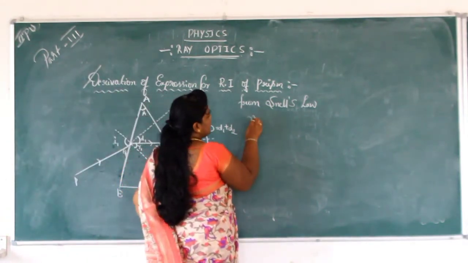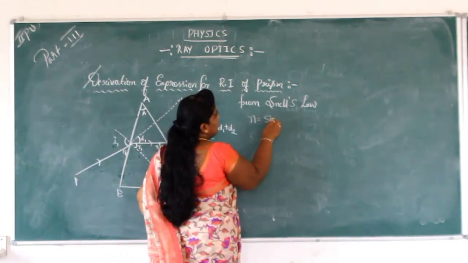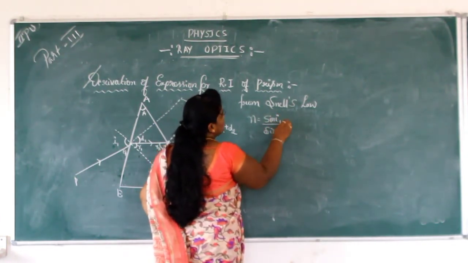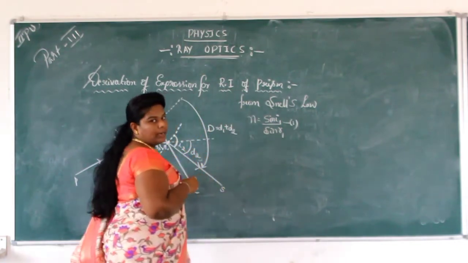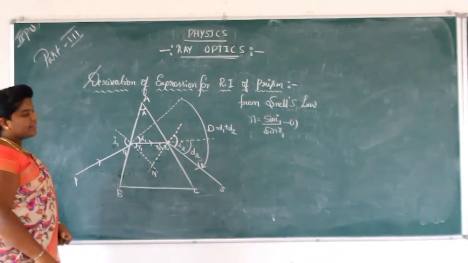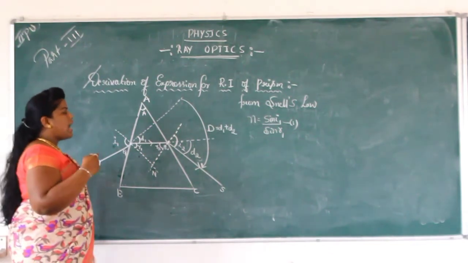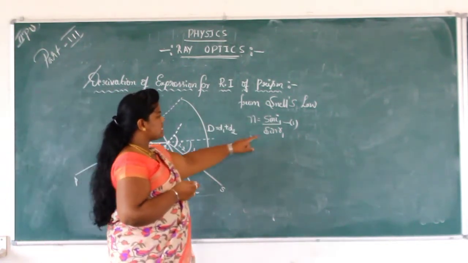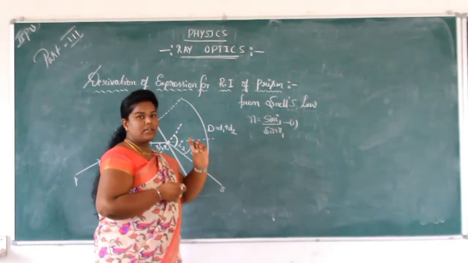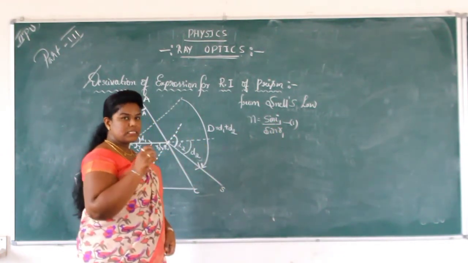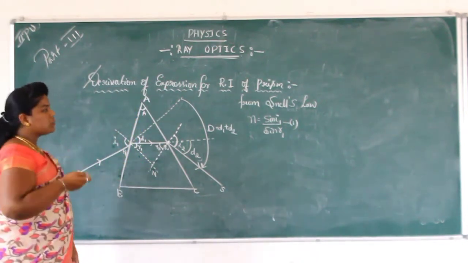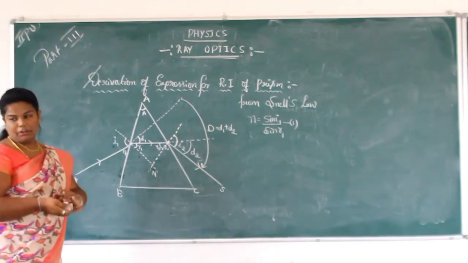Here the refractive index n can be written as sin I1 divided by sin R1. Take it as equation number 1. In that formula, n is the refractive index, I1 is the angle of incidence at the first refracting surface, and R1 is the angle of refraction at the first refracting surface.